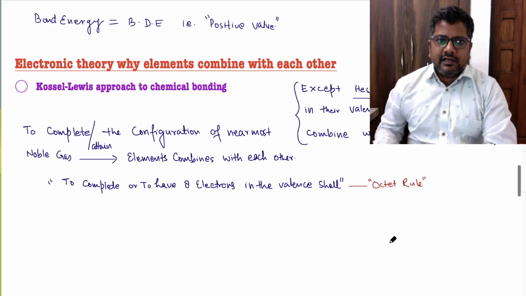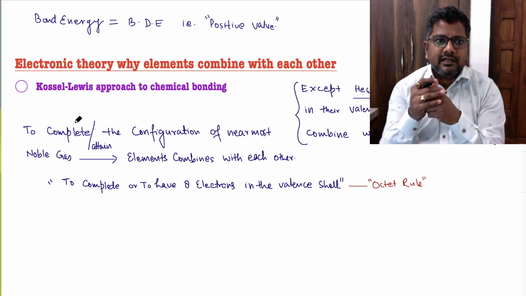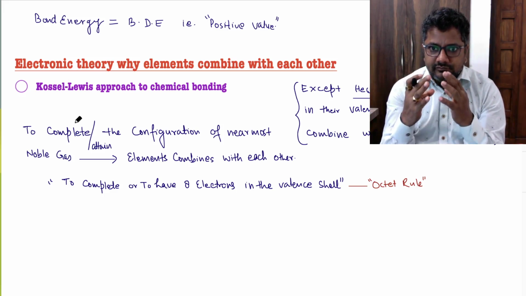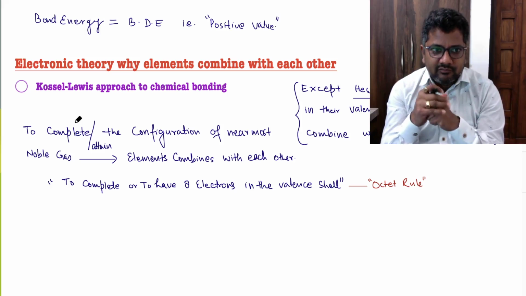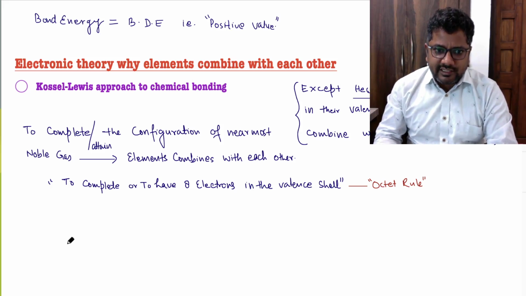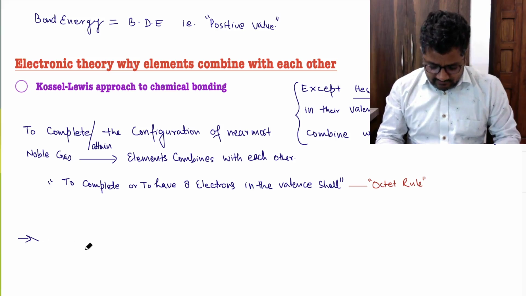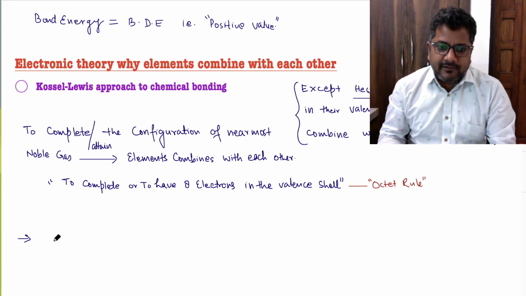So see, the approach of Kossel was ionic bond and of Lewis was covalent bond, right? But a common feature of Kossel and Lewis approaches was that in both cases, electrons of the valence shell participate in bonding.